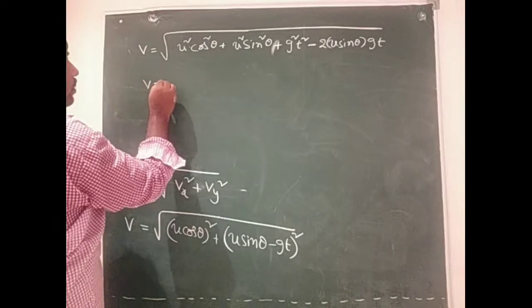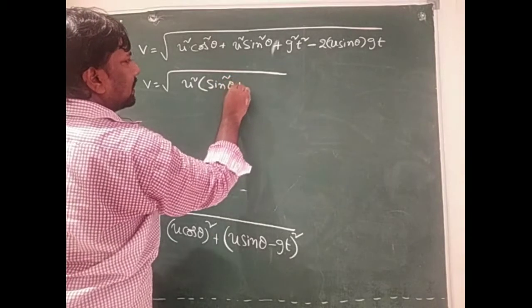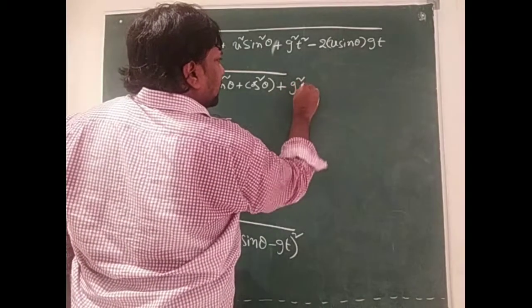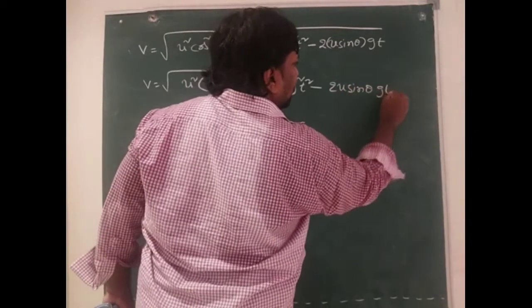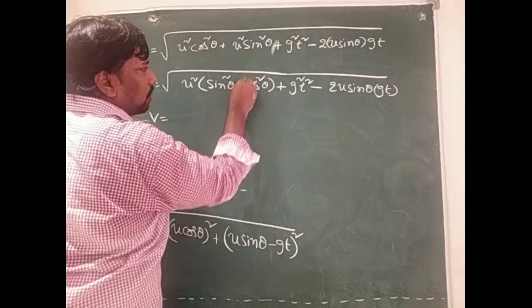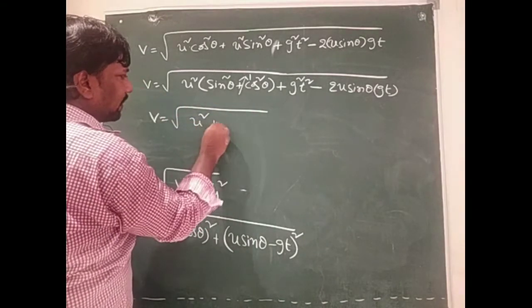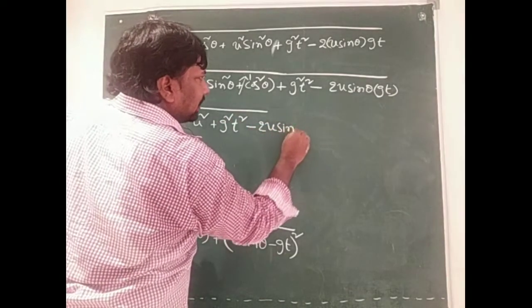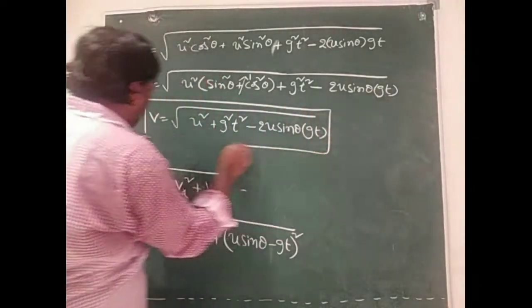So v equal to root over u square common, sin square theta plus cos square theta, plus g square t square minus 2u sin theta into gt. Sin square theta plus cos square theta equal to 1. So therefore u square plus g square t square minus 2u sin theta into gt. So this is the magnitude of v bar.